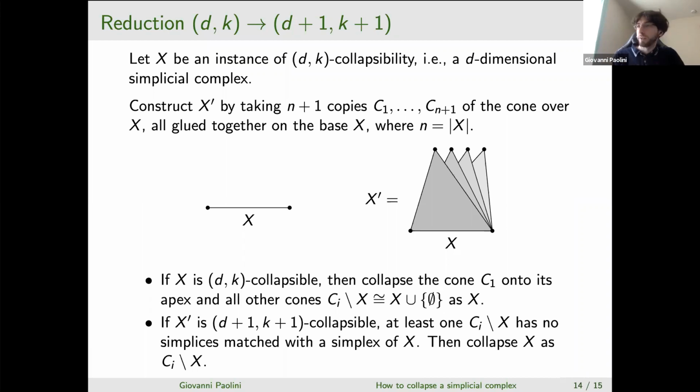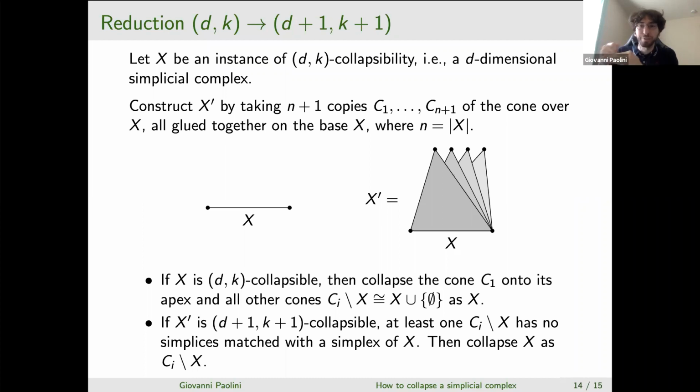Very well. And the final step is, what if on X prime we have a collapsing sequence which leaves a k+1 dimensional subcomplex? So X prime is d+1,k+1 collapsible. Then the idea is that at least one of the cones is collapsed in a way which does not interact with the base. This is because the base X only has n simplices, but there are n+1 cones.